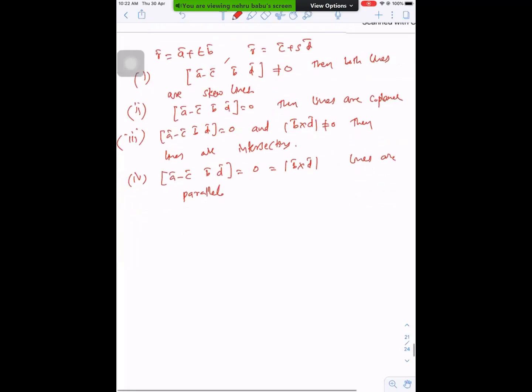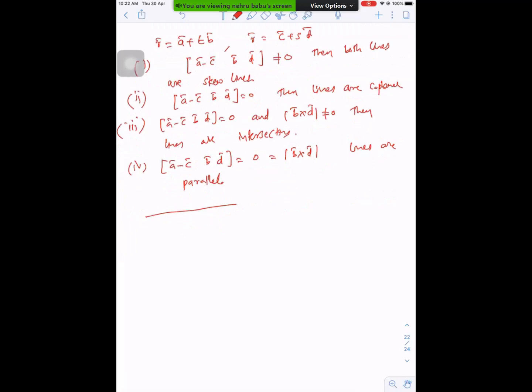And what is the shortest distance formula? Assume this line is passing through point a bar and parallel to vector b bar, and this is one more line passing through c bar and parallel to vector d bar.